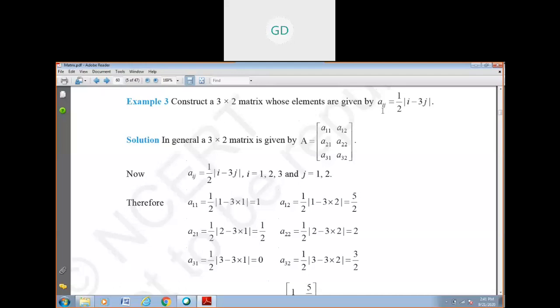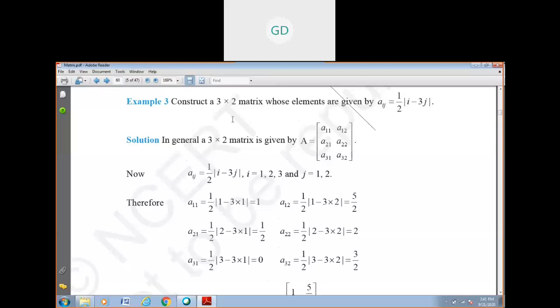That means a11 represents the first row, first column, the position of the element. If we consider a12, then it is first row, second column. So we can have all the elements from this given rule.